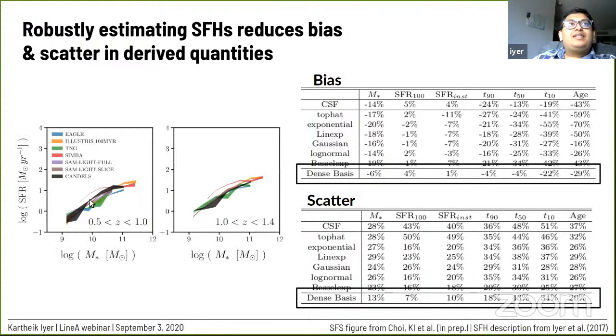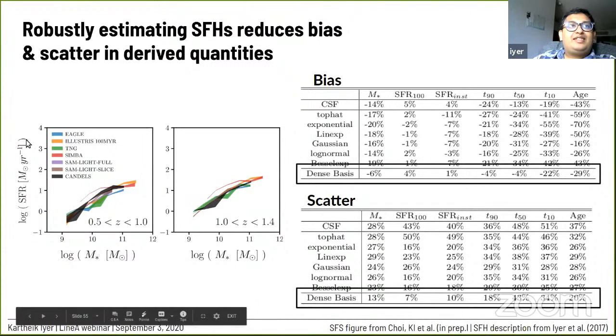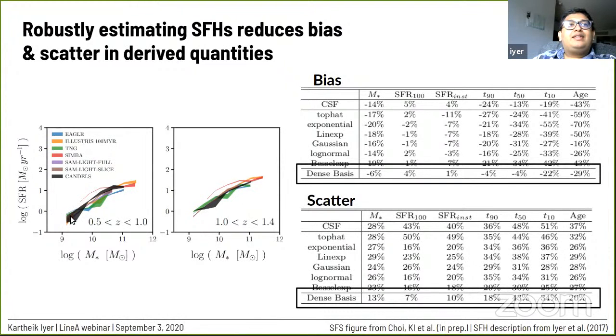It can also help us resolve tensions between observations and simulations. So in the stellar mass star formation rate plane, there's been a tension between intermediate redshift measurements of the correlation in SFR-M-star space that seems to be getting resolved when you use these star formation histories.